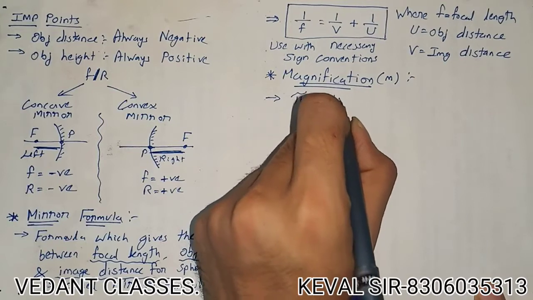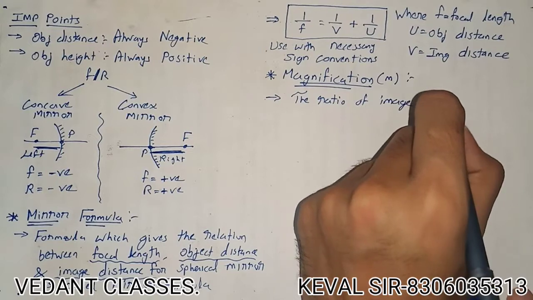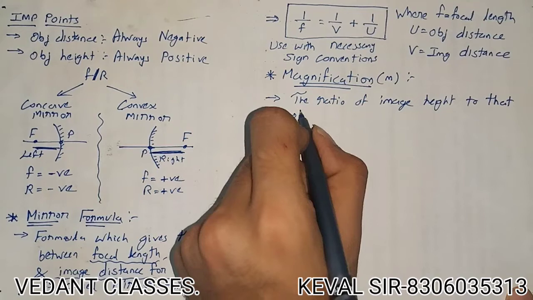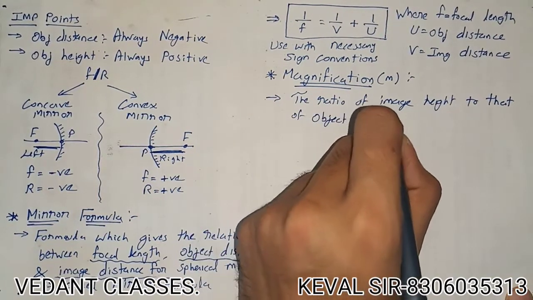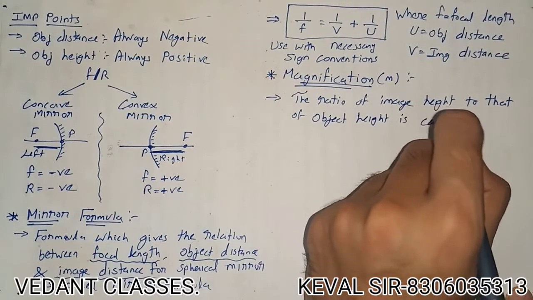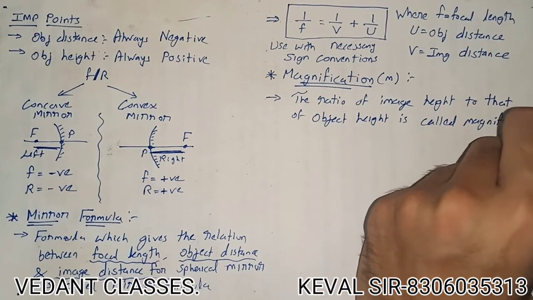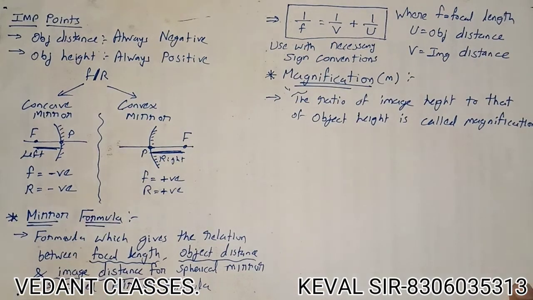The ratio of image height to that of object height is called magnification. So it simply tells you how many times the image is larger as compared to the object. So it is just the ratio of image height to the object height.